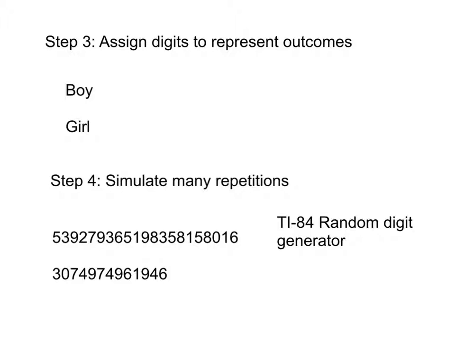And so now we're going to assign digits to represent outcomes. For example, having a boy and having a girl are equal. So we could use the numbers 0, 1, 2, 3, 4, 5, 6, 7, 8, 9.